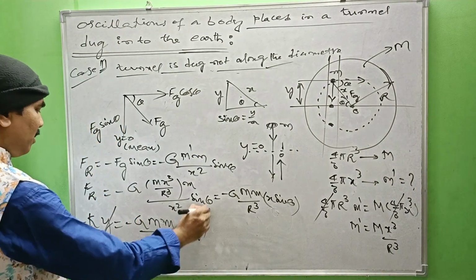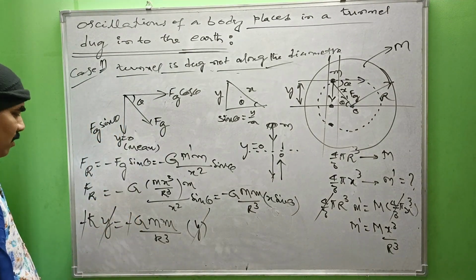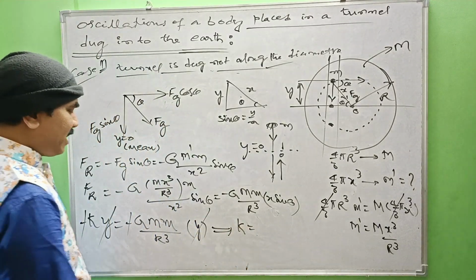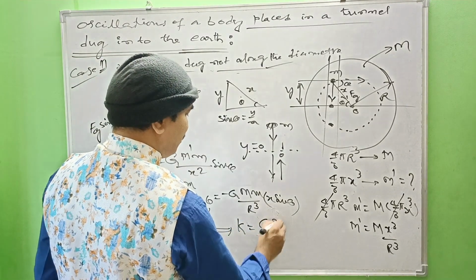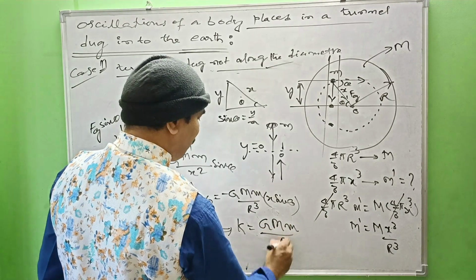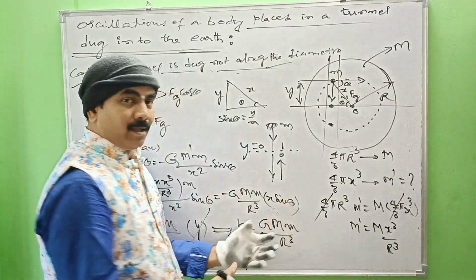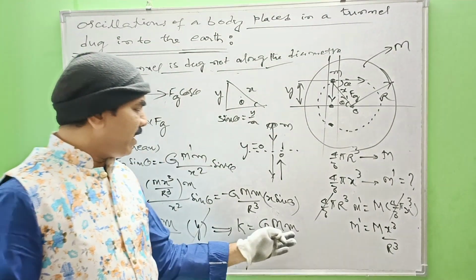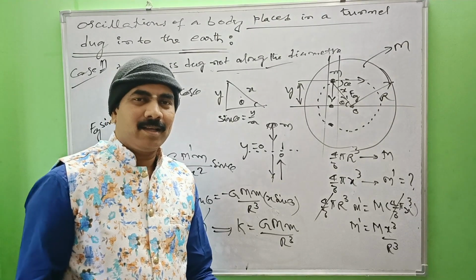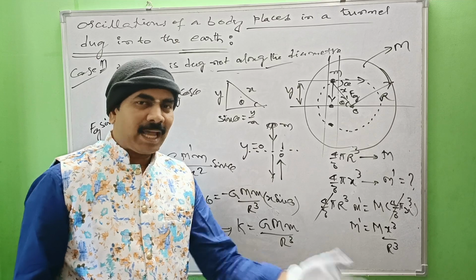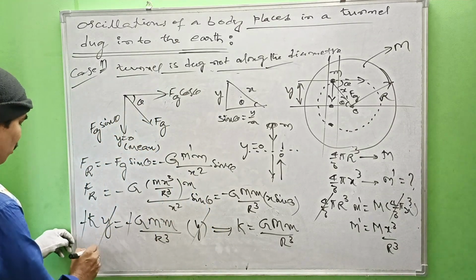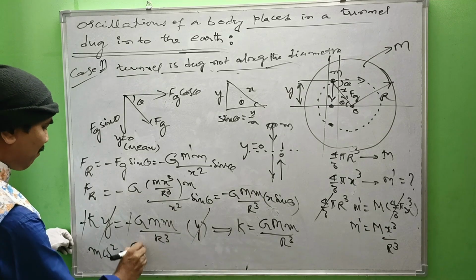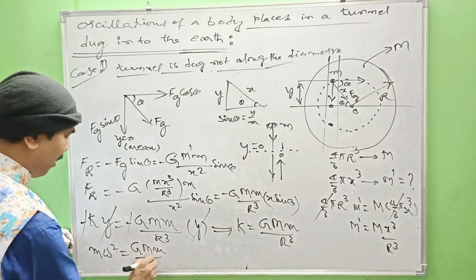Now y cancels, the negative sign cancels, which implies k equals G M m by r cube, same as in the previous case. In case 1 also, k equals G M m by r cube. So ultimately we get the same expression for the time period too. That is k equals m omega square equals G M m by r cube.